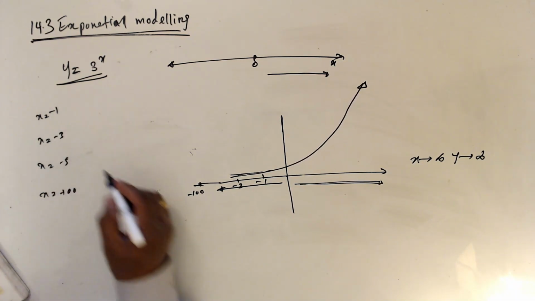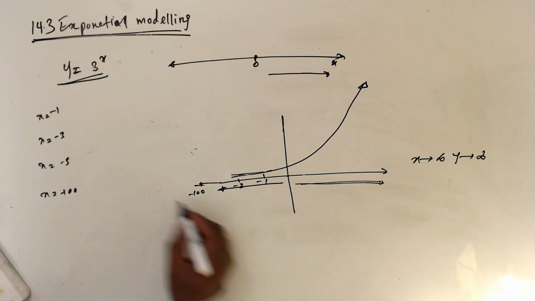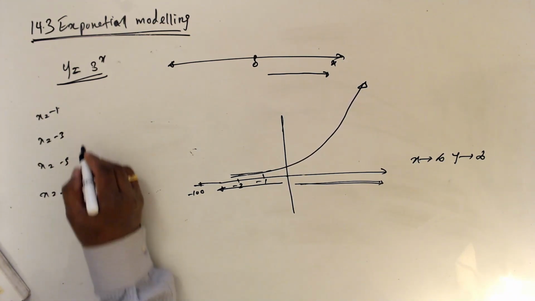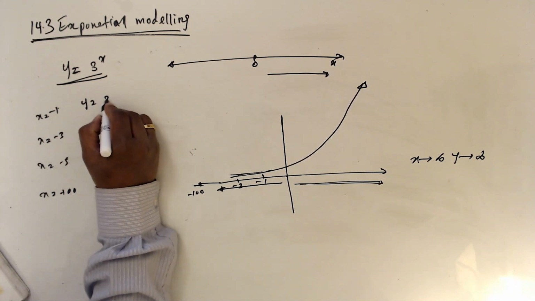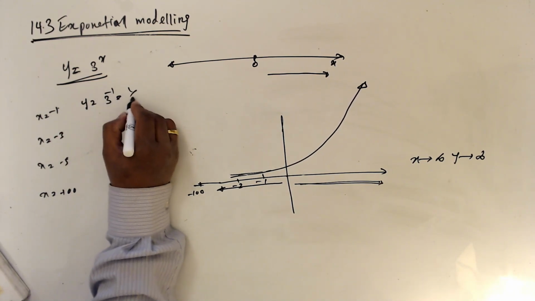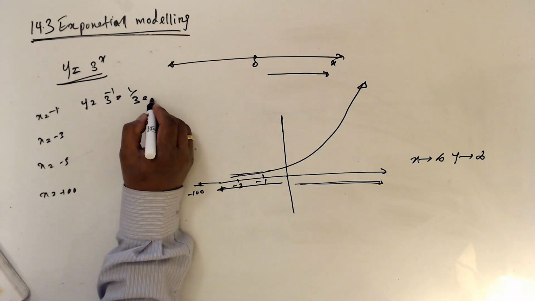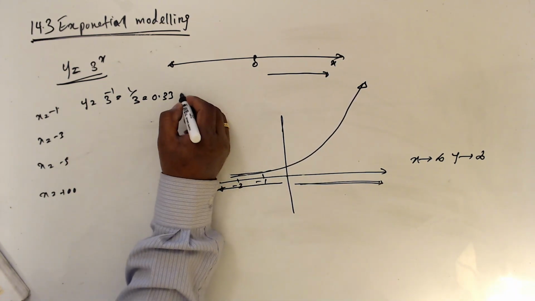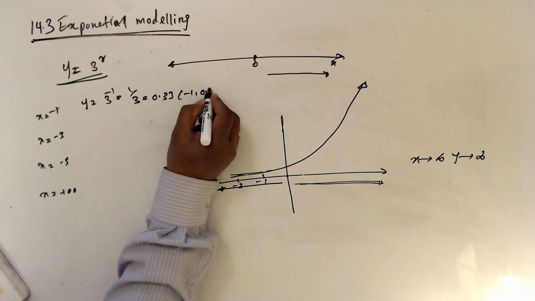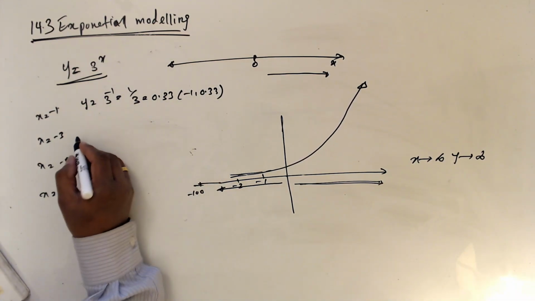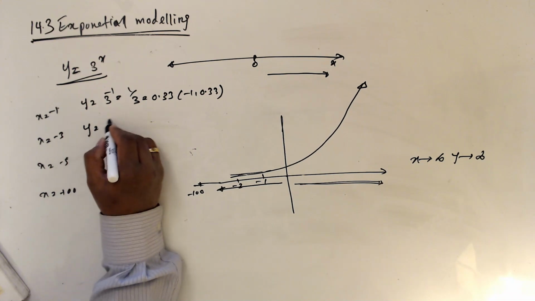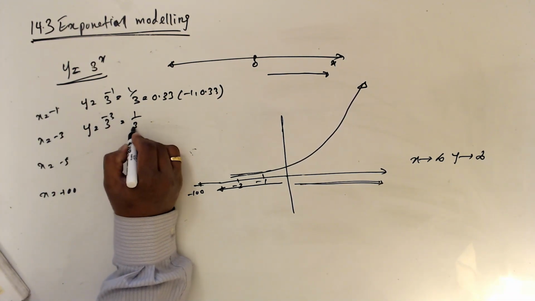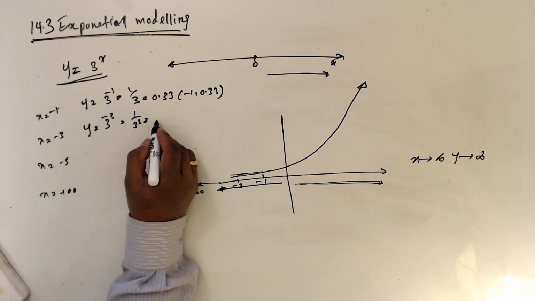We'll work out one: when x equals minus 1, y equals 3 to the power minus 1, which is 1 over 3, about 0.33. Then y equals 3 to the power minus 3.